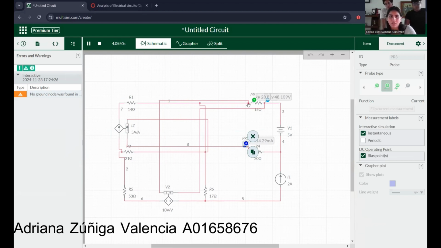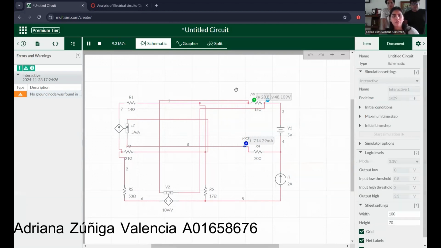So we can see that the voltage Vx passing through the 15 ohm resistor is the difference of potential between 48.109 volts minus 28.82 volts.